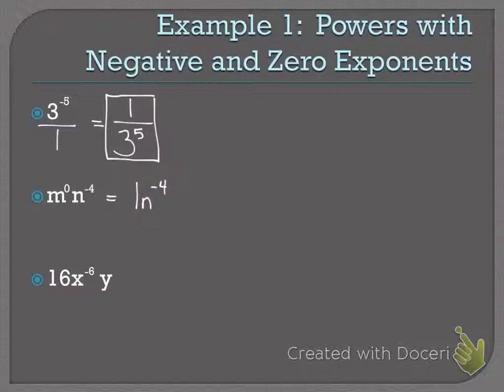No. But the n to the fourth, I need to be able to write as positive. So what I'm going to do is move it into my denominator. If you put a 1 here to make it 1 times n to the fourth, that's fine too. But technically, you don't need it. So it's just going to be 1 over n to the fourth. So you move the part of the term that has a negative exponent connected to it.